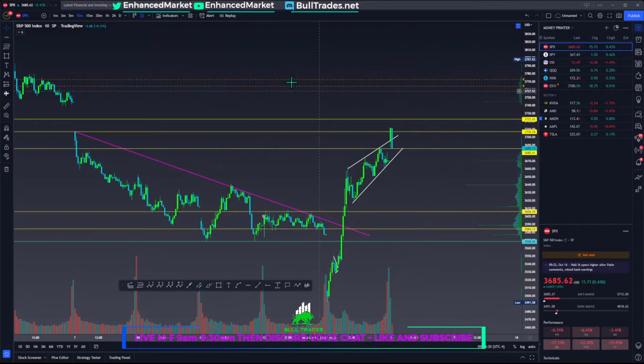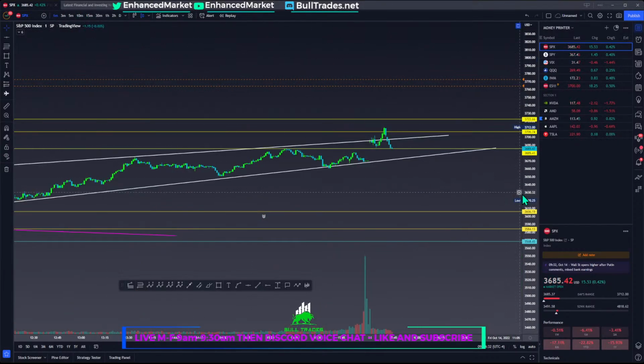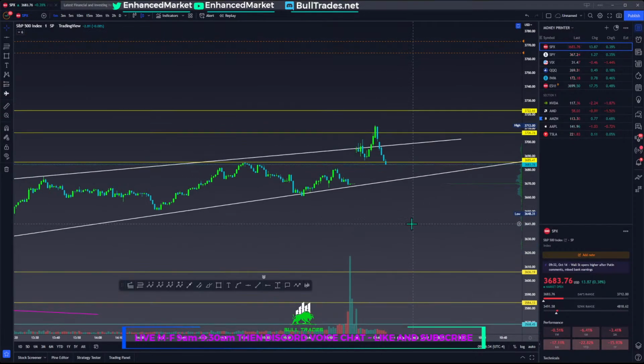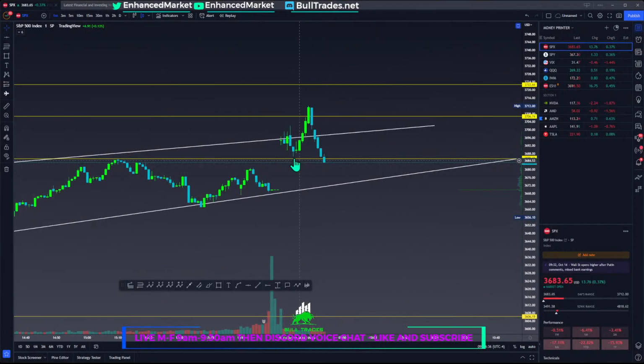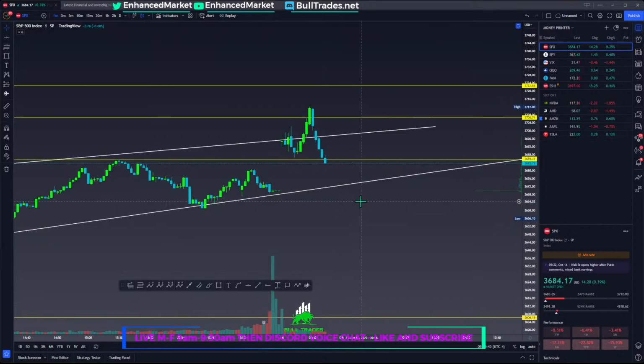What I really want to see is a move back up, a lower high to be created. Right, here's the 1 minute chart. Very choppy. Wow, these 36.50 puts are at 1100 already.